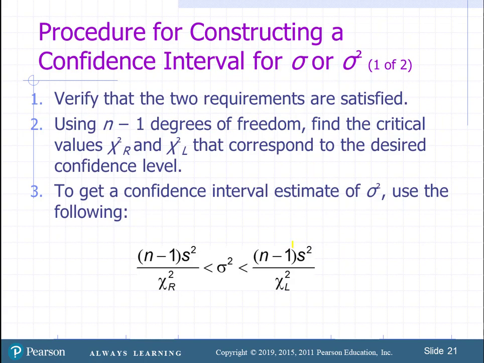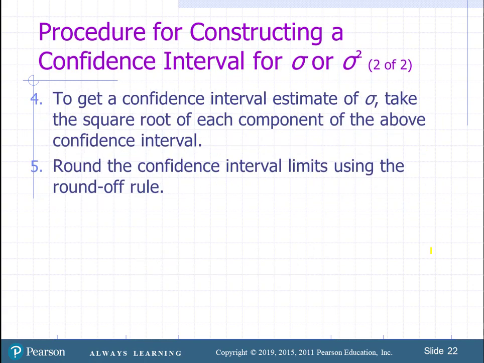So we need to verify that the two requirements are satisfied, find the two right and left critical values, and then plug that into our equation to find the confidence interval. And if we're looking for the estimate of sigma, the standard deviation, rather than the variance, which is sigma squared, we simply take the square root.